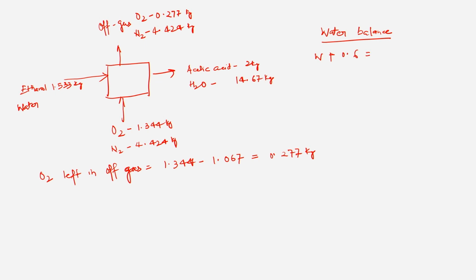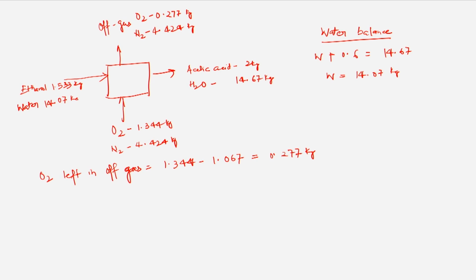What is the water in the outlet? Water outlet is 14.67. Now, what will be the value of W? If you do the mass balance, W will be 14.07 kg. So, this much amount of water is being supplied.